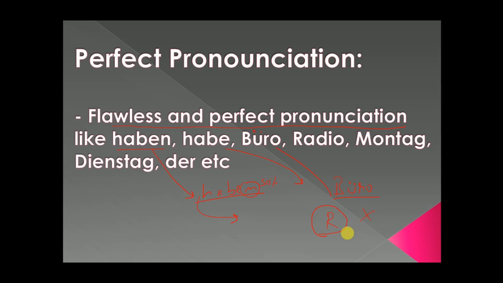But you know the R word, it is like a grumbling of an animal. Maybe like a dog or a cat. Grr. For example, if you were to speak radio, it is not radio. It is radio. Yeah. This is the right way. That grumbling sound should come up.